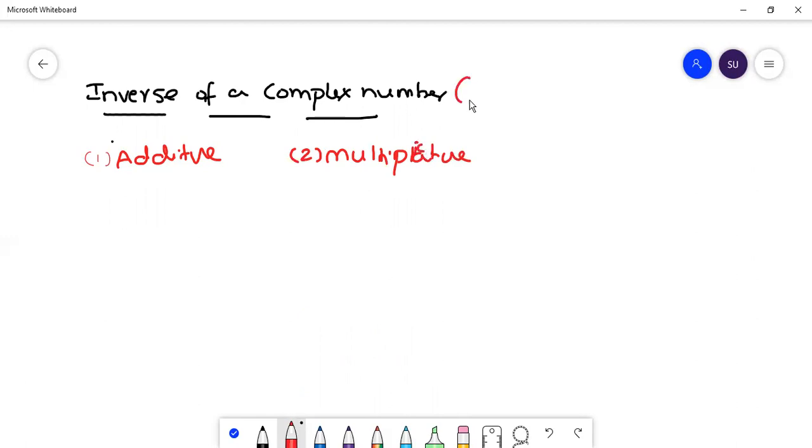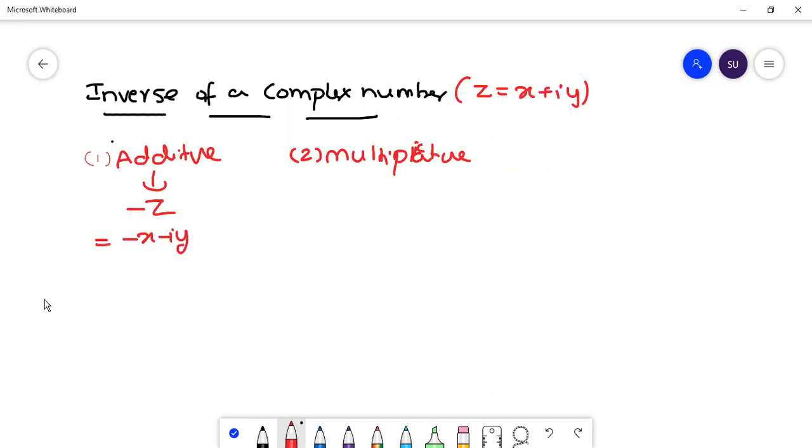Let us consider z is equal to x plus iy, then additive inverse is nothing but simply minus z, that is minus x minus iy.